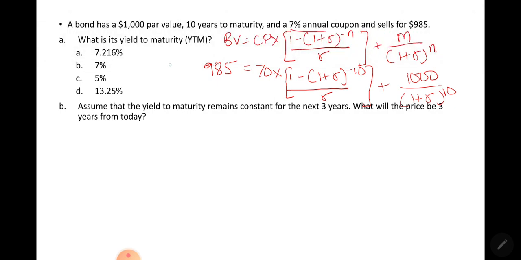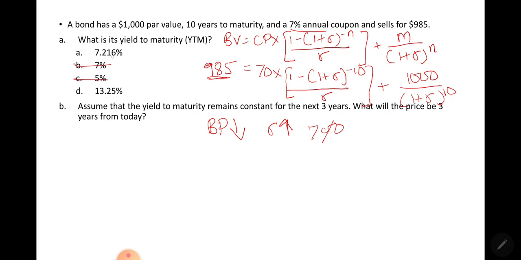We can eliminate some of the interest rates by looking at the bond price. Again, this is a discount bond. The bond price is less. That means because of the inverse relationship, the R will be more than 7%. So the R cannot be 7%, it cannot be less than 7%.